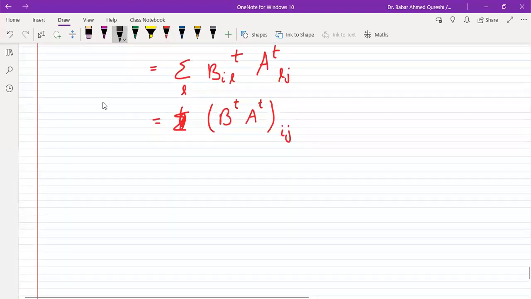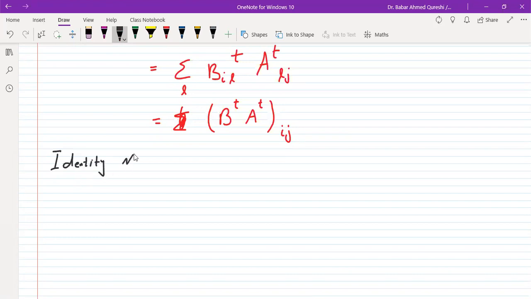Now let's consider the inverse. Before inverse, let me just write what the identity is. It's an n by n square matrix with 1, 1, 1, whatever the dimension is, on the diagonal, and zeros everywhere.